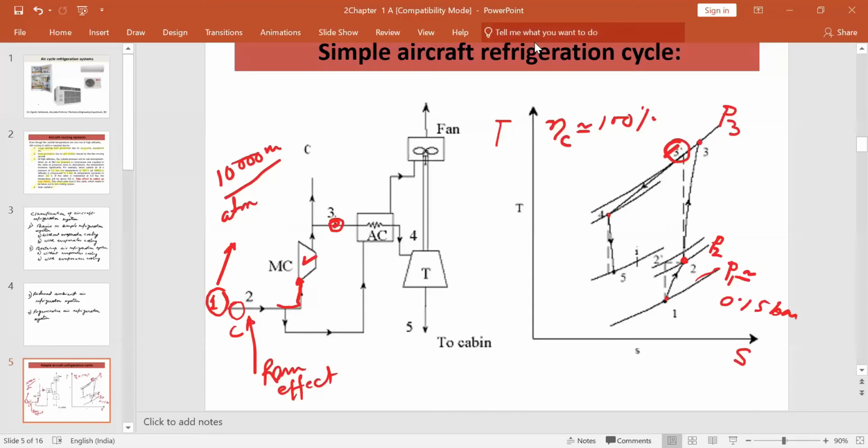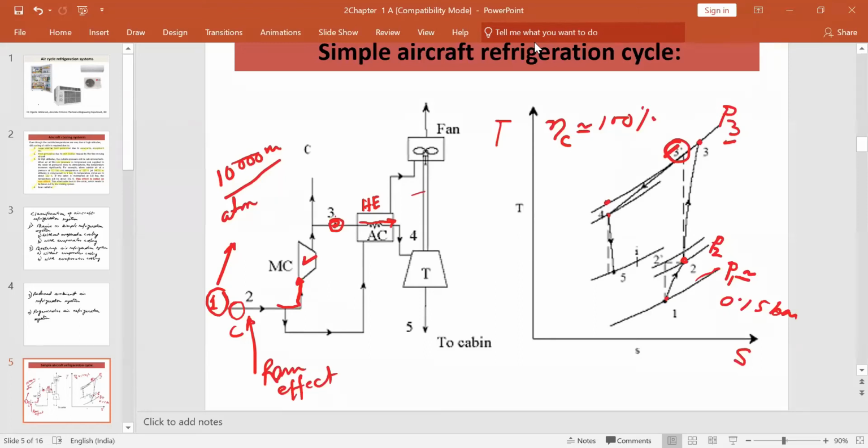Now this air, which is at P3 pressure, passes through the heat exchanger. If there is no pressure drop in the heat exchanger, then your point 4 will lie somewhere here on the same pressure line.